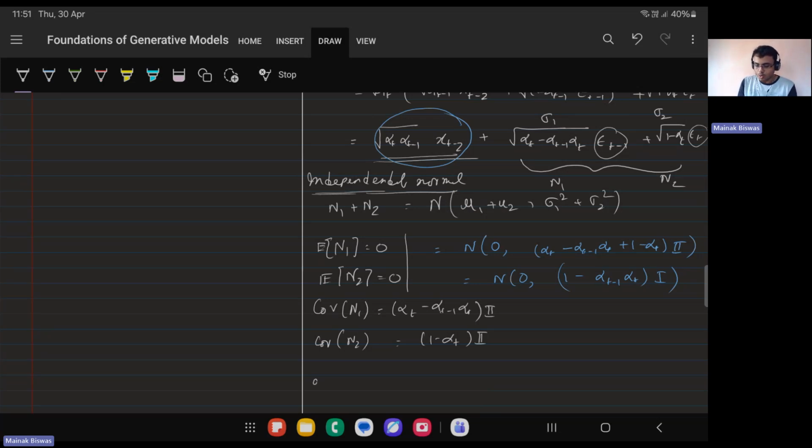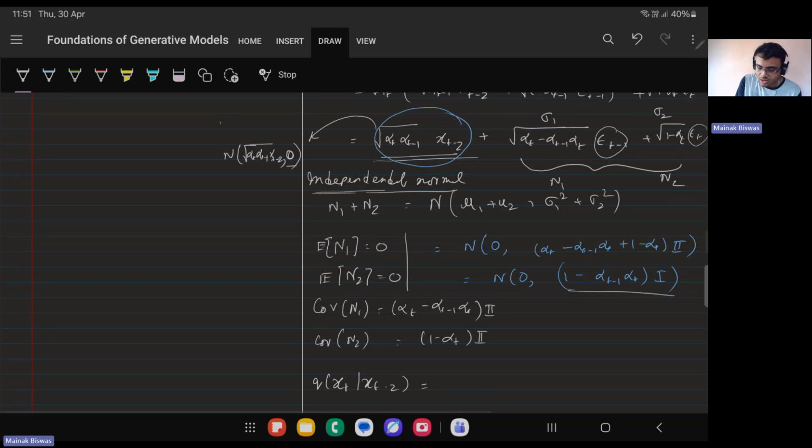So you could say that q of x_t given x_{t-2} is a constant plus normal 0. Again, you can write this as normal, where the variance is 0 because it is a constant value, and the mean is root alpha_t alpha_{t-1} x_{t-2}. So again, it's a sum of all the means and the variances: 0 plus 0 is this variance, and this is the other variance.